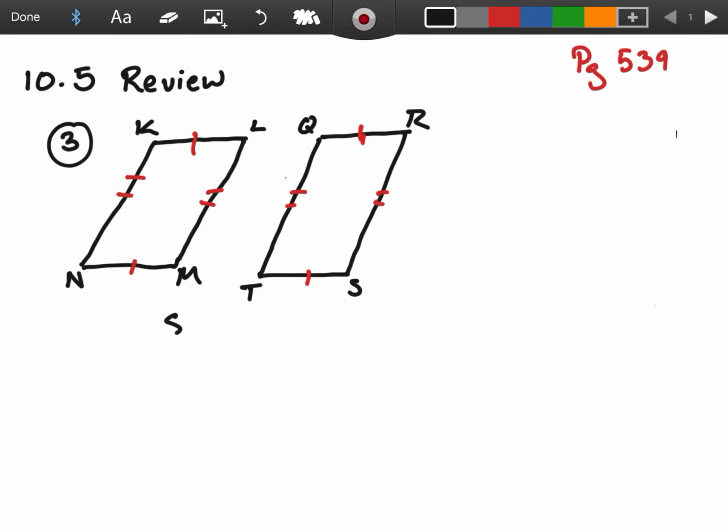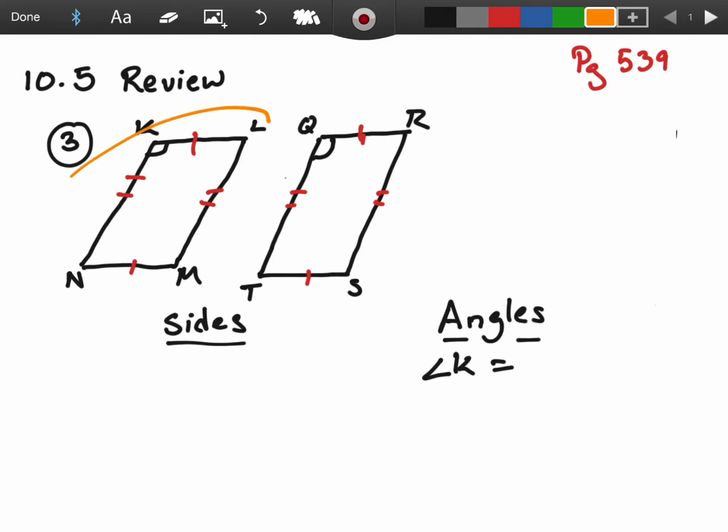We're going to need to go through a series of sides and then angles. Let's start with the angles first. That's just kind of the easiest. This angle here is angle K, and angle K is equal to angle Q. You can imagine if you were to take this entire shape and put it on top of this shape, they would perfectly line up.